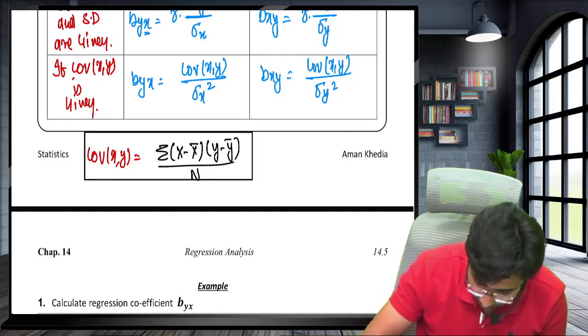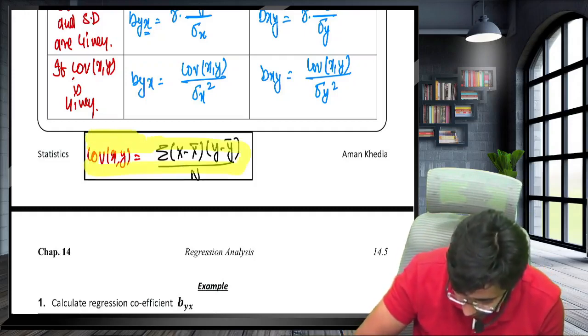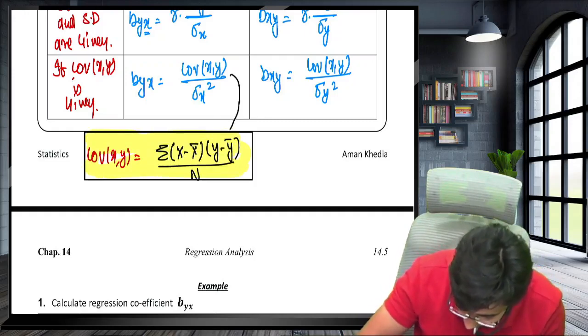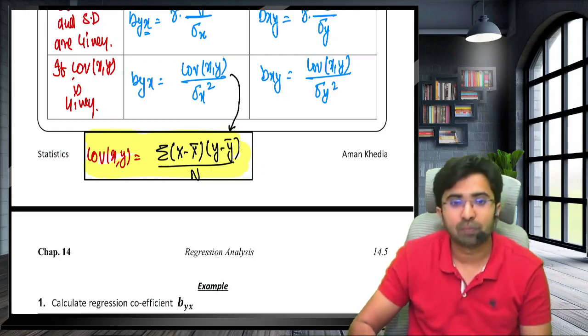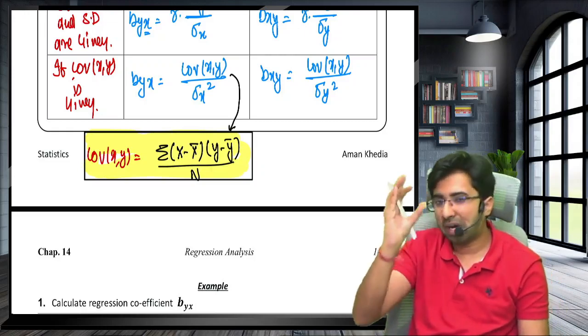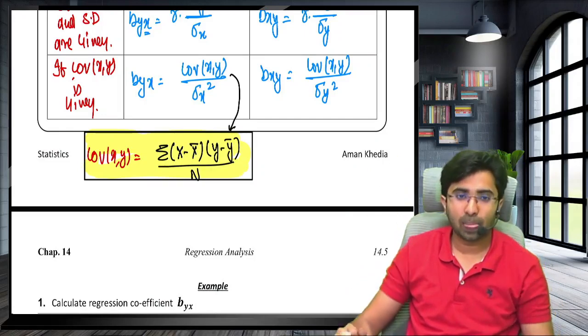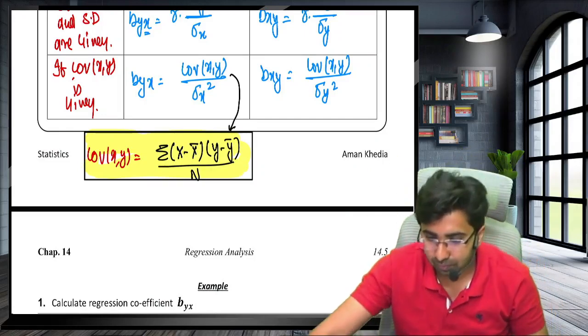Please keep this in mind and revise it, because the third formula requires the covariance. Guys, done?